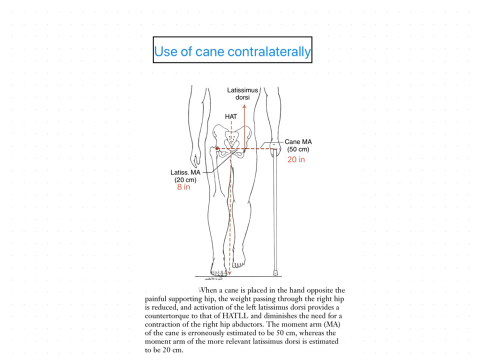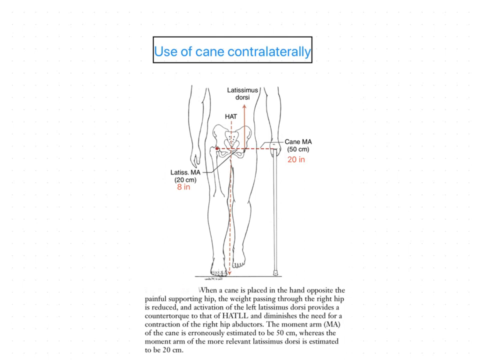We have also found some values when we use the cane ipsilaterally in the previous session. Use of a cane ipsilaterally will cause some reduction of energy, but the total hip joint compression is greater than with the lateral trunk lean.